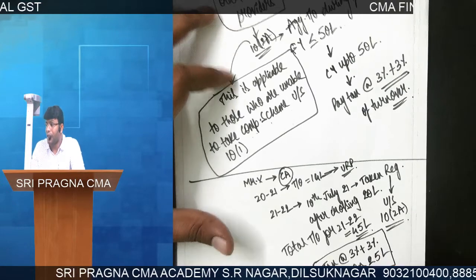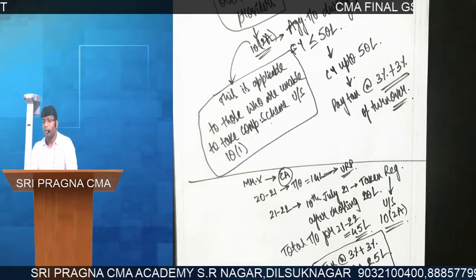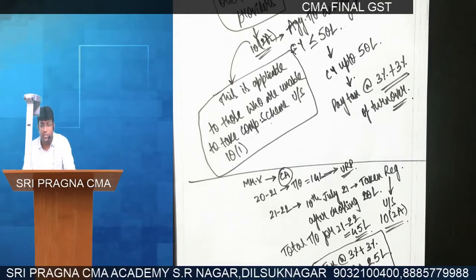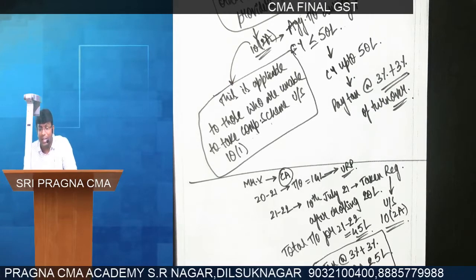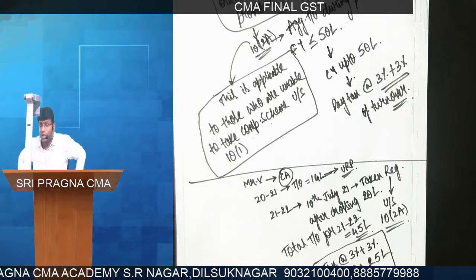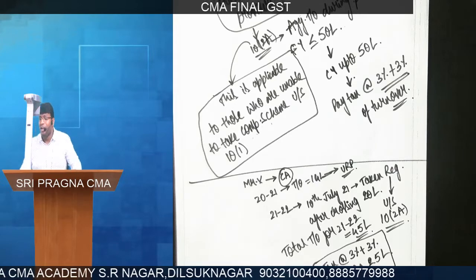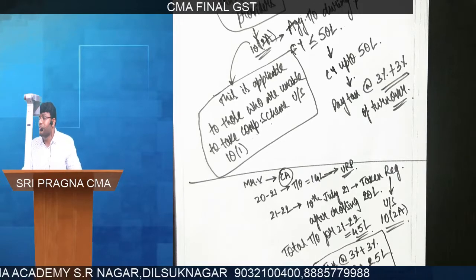Answer is 25 lakhs. Because the reason is very simple. First 20 lakhs, you are not liable to be registered. When you are not liable to be registered, there is no question of paying tax.